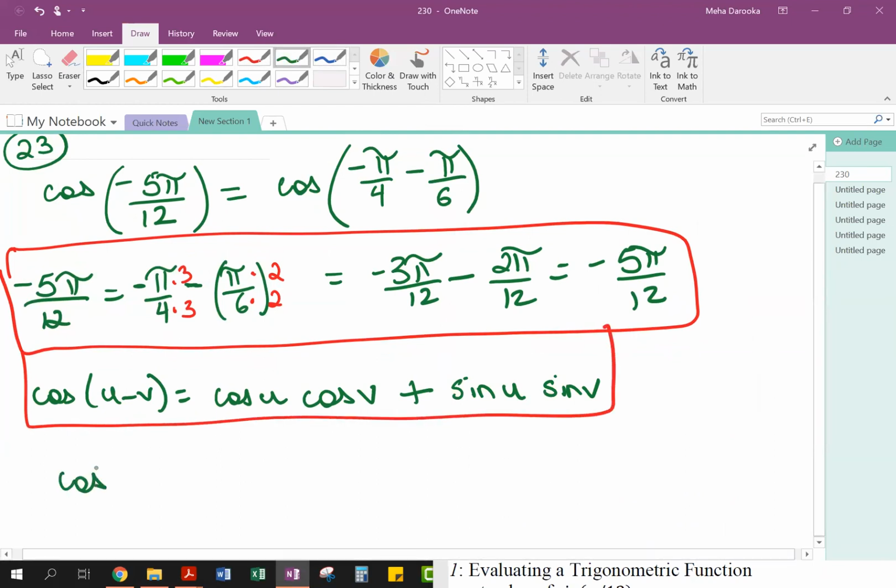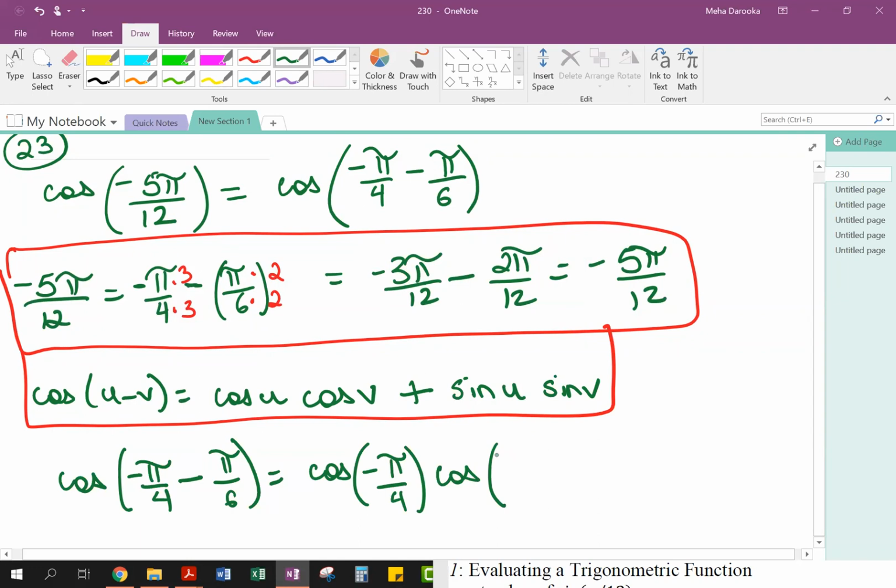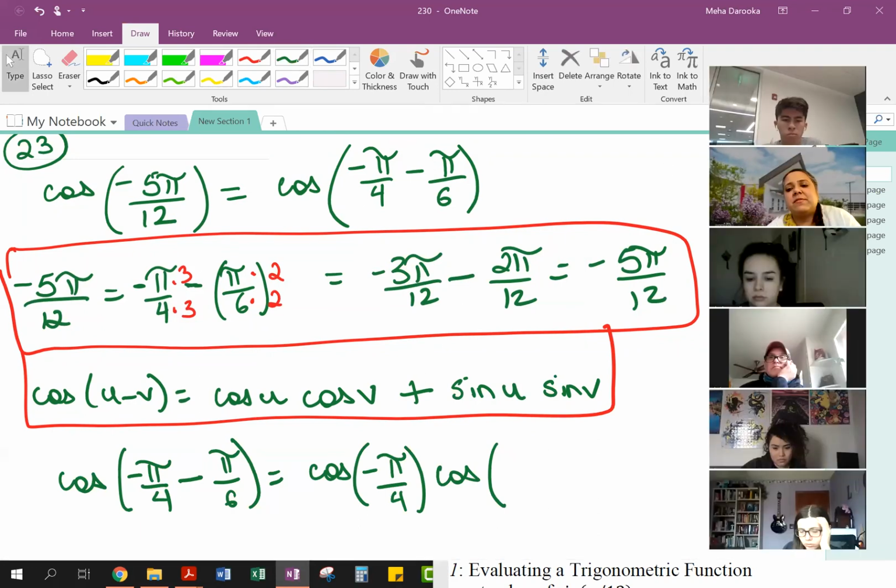Okay, so coming back to our problem, we have cosine of negative pi over 4 minus pi over 6. So cosine of u will of course become cosine of negative pi over 4. Now, when we do cosine of v, is that going to be negative pi over 6, or is it going to be positive pi over 6? Positive, right?